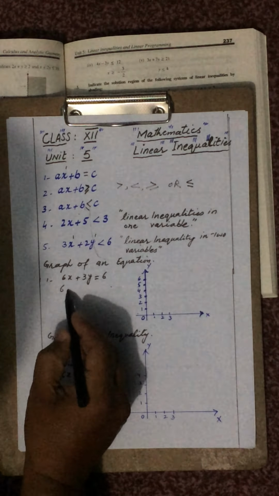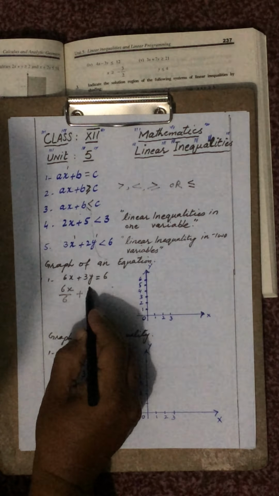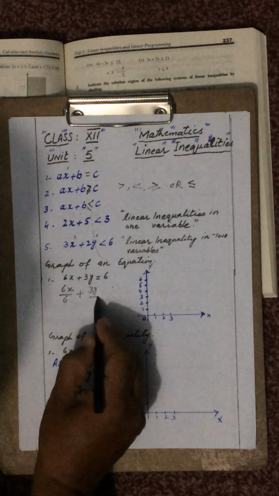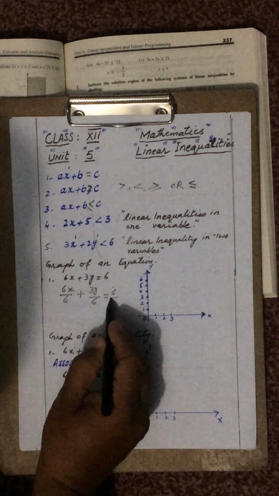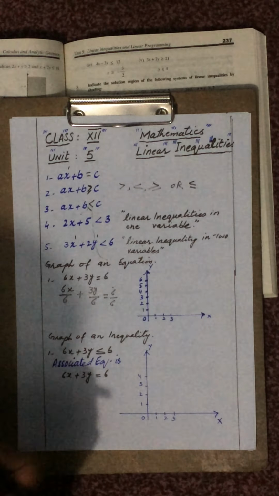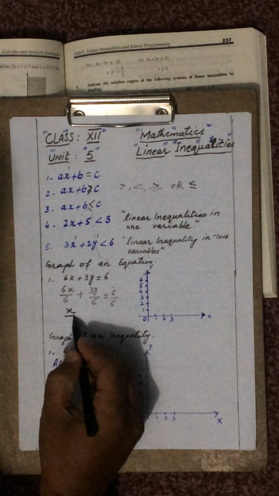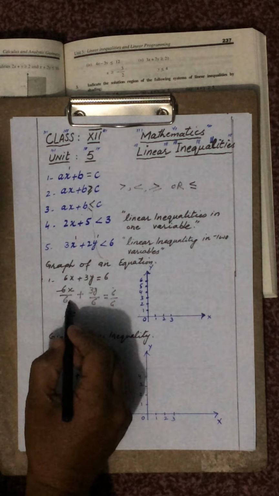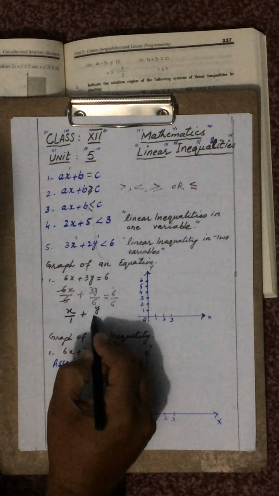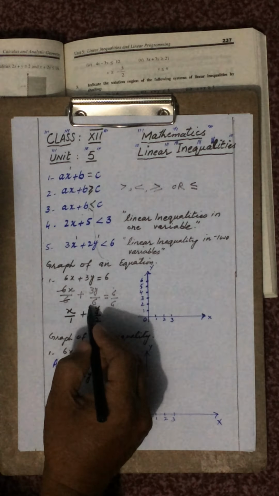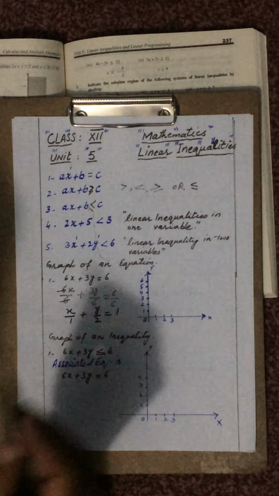We get 6x over 6 plus 3y over 6 equal to 6 over 6, and we get x over 1, because 6 is cancelled with 6, plus y over 2, because 3 is cancelled with 6, so we get 2, equal to 1.